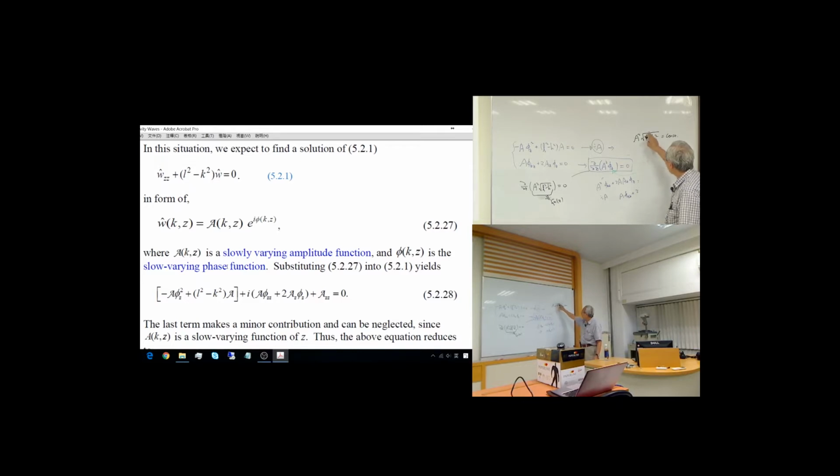That means if this becomes small, then A is going to become larger, in order to multiply together to be constant. This means wave amplitude becomes large, that's amplification, when this term becomes small.